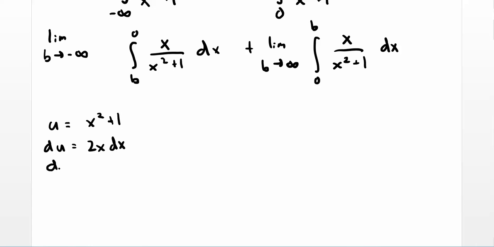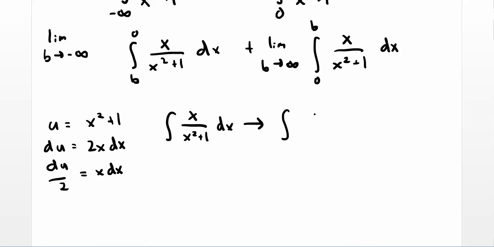So we get du over 2 equals x dx. The integral of x over x squared plus 1 dx becomes the integral of 1 over u times du over 2.